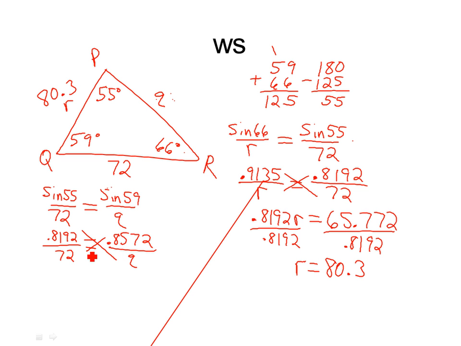Cross multiply, 0.8192q equals, you get something like 61.7160. Then divide that by 0.8192.